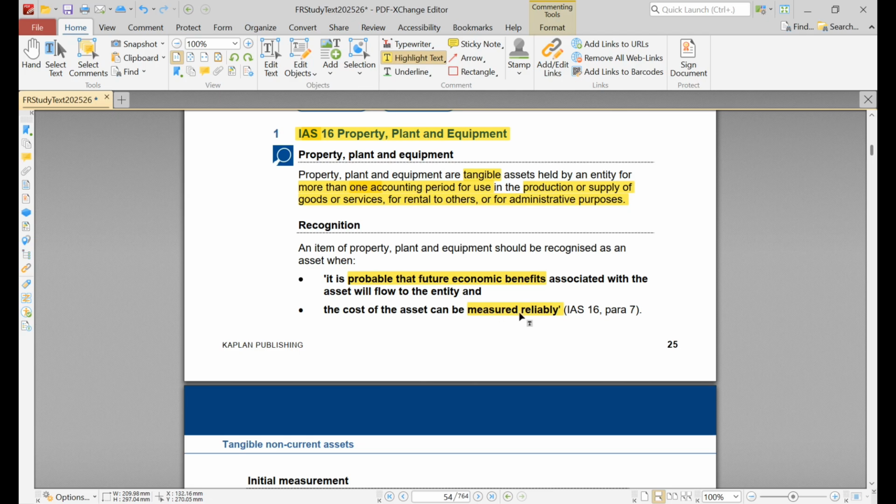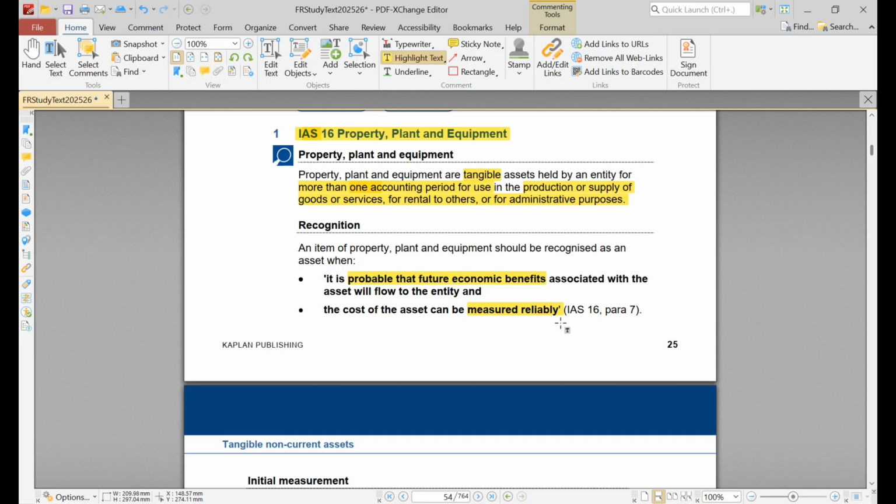Cost of the asset can be measured reliably. It's pretty self-explanatory: you should be able to quantify the cost so that a value can be assigned to that asset.